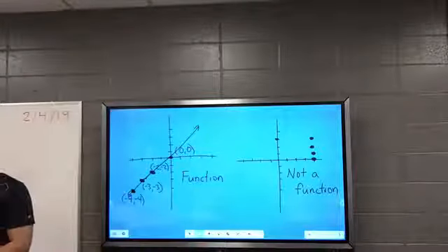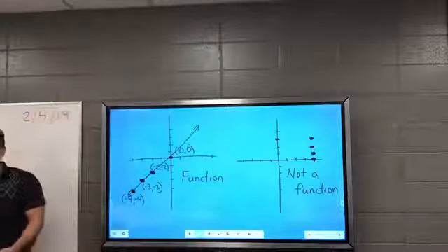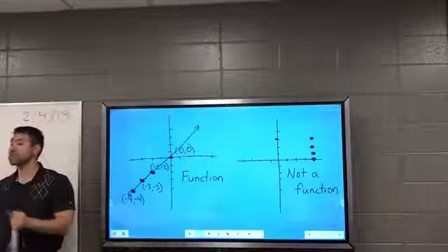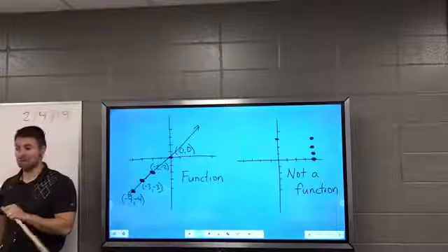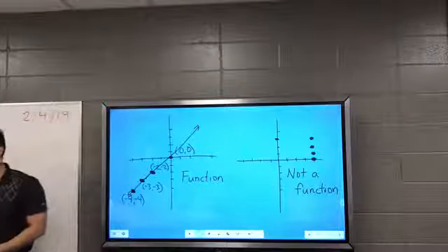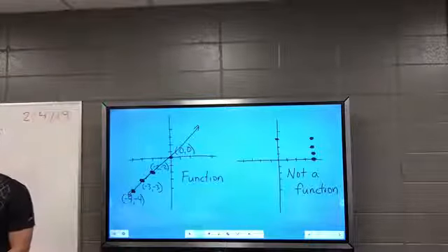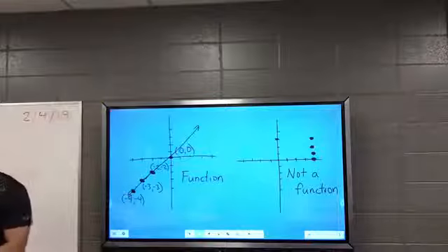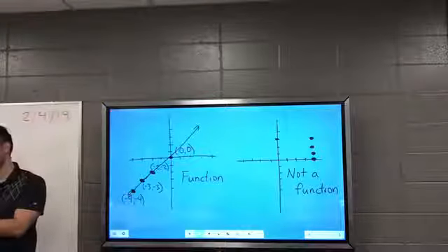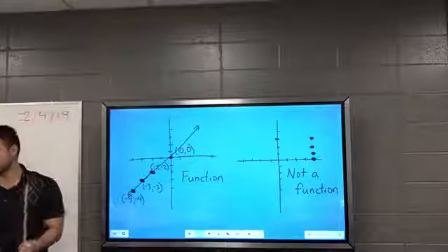Yep, so B is not a function. C! Ooh, I like C. Function or not a function? Why is it a function? Yeah, it doesn't hit more than 1 point at the same time. What about D? Not a function because it hits more than 1 point. It actually hits it several times. So D is not a function.